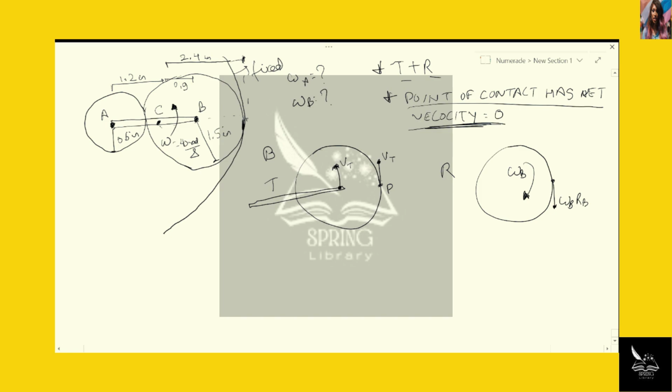So since the net velocity is 0 at point P, Vp is 0, we have Vt equals omega B Rb. And what is Vt? Vt is going to come from the omega of the rod times, let's call it RCB, the distance.